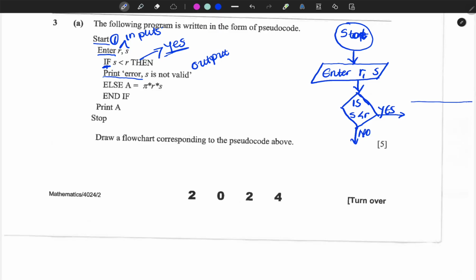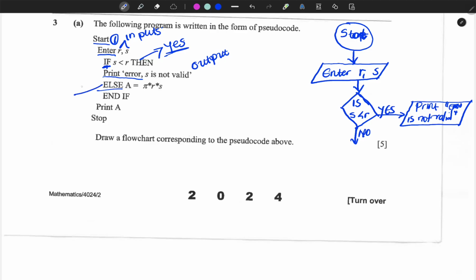So we can now come up with this one to show the output. You say print error, S is not valid. We end here since we are not told to re-enter.